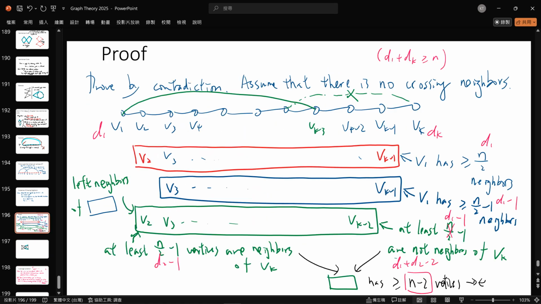Well, this slide just shows you that when the two endpoints of a maximal path have a degree sum of at least n, then you can find crossing edges. And you can use these crossing edges to build a Hamiltonian cycle.